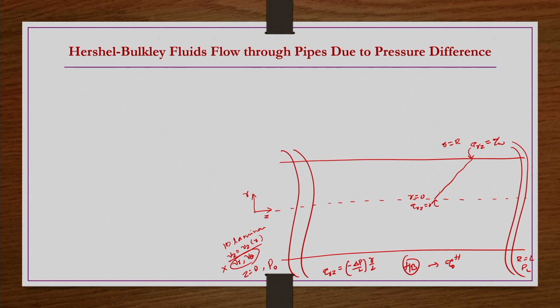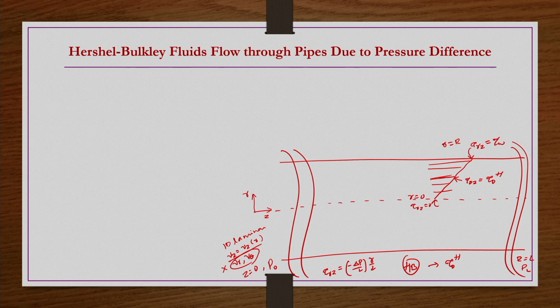Now, let us say at different locations you try to find the tau value; at this location some tau value, at this location some tau value, and like that it gradually increases. That is what we understand from this profile.